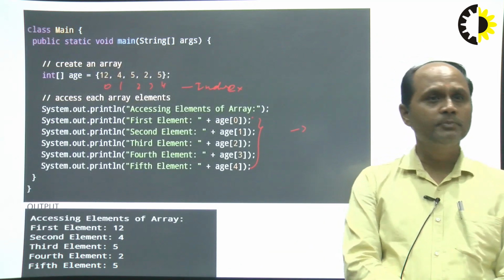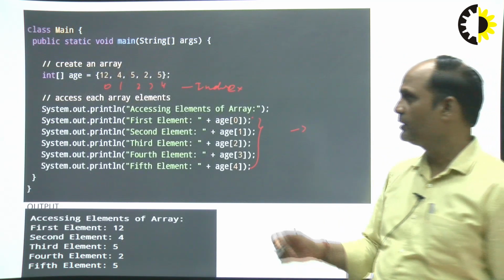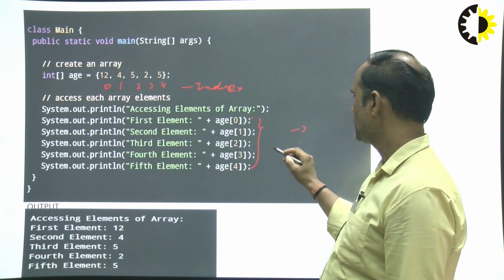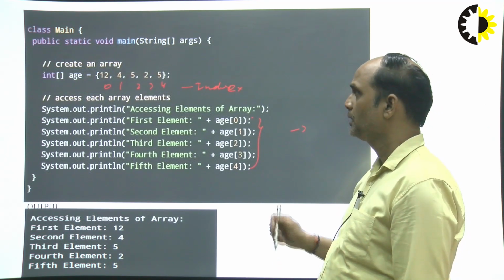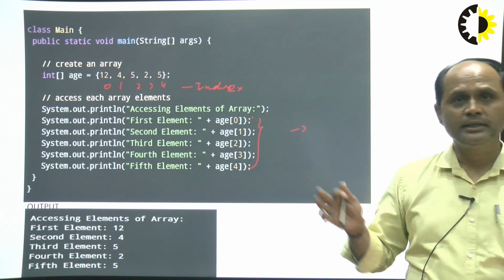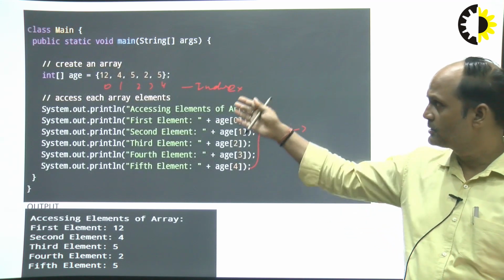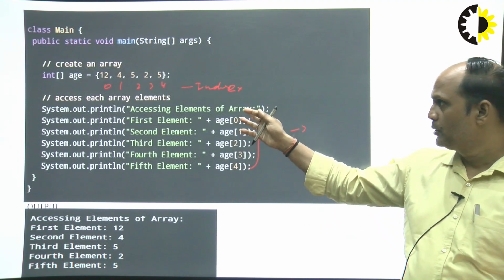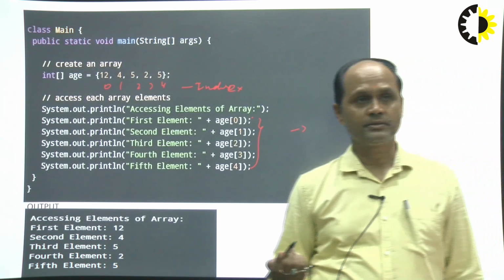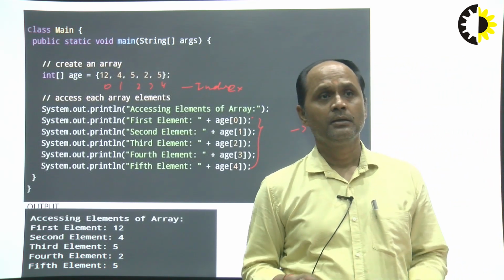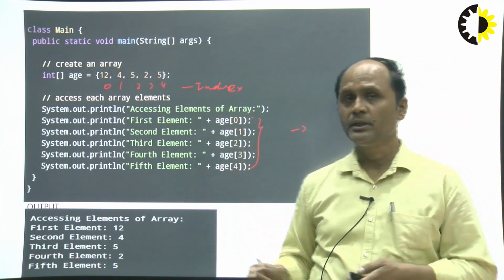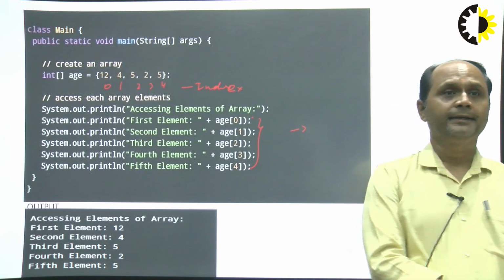Suppose in this particular program we have 6 lines of code, and with the help of a loop we can easily convert it into 2 lines of code. Only the 6 lines of code can be replaced by 2 lines. So this is the improvement of the loop when used with the array.